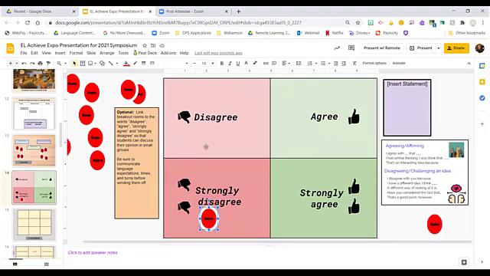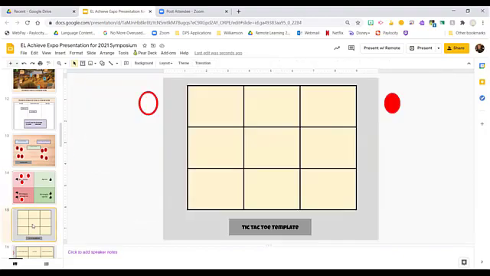I've also seen teachers link this to a breakout room, so that all the students who disagree, for instance, go into a breakout room, or you could link the disagree and the agree, or the strongly disagree and the strongly agree, or any combination of these, into the breakout room and have them do an event. But it's a nice visual, I think, for four corners.